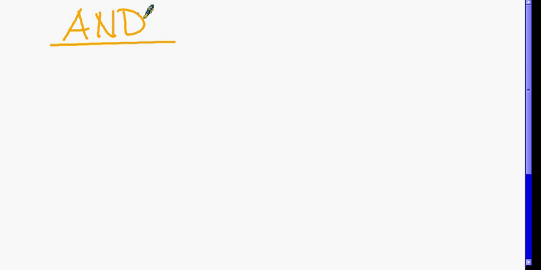Now we've done the or, so all that leaves is the and. Now this situation is a little bit different. Could we write the probability of 4 and 5, as an example?